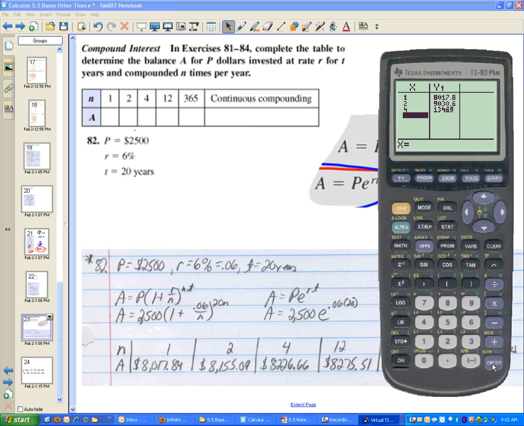What did I type in wrong? 2,500, 1 plus. Not enough parentheses. That's more like it.